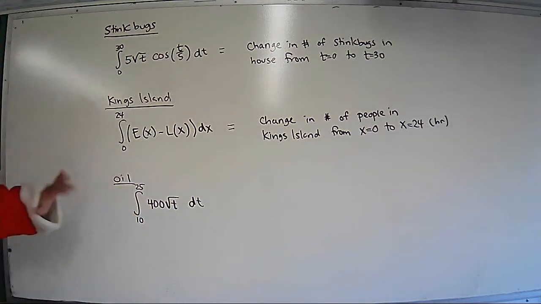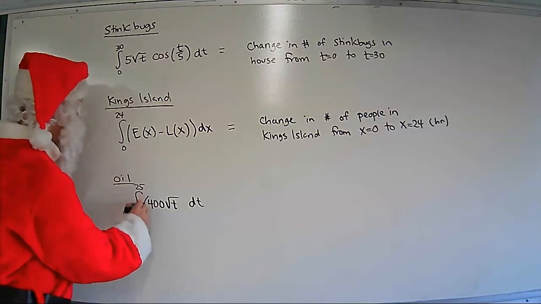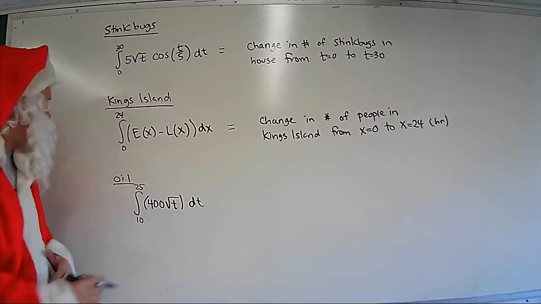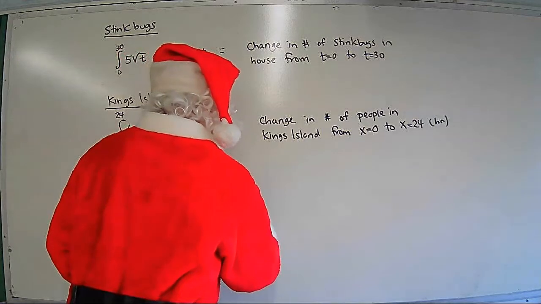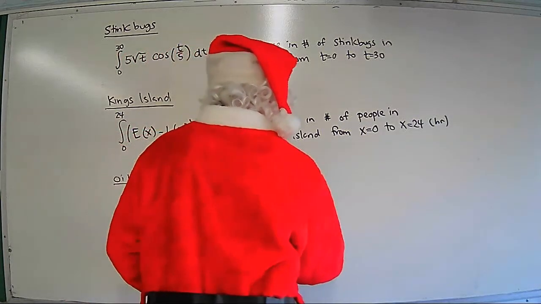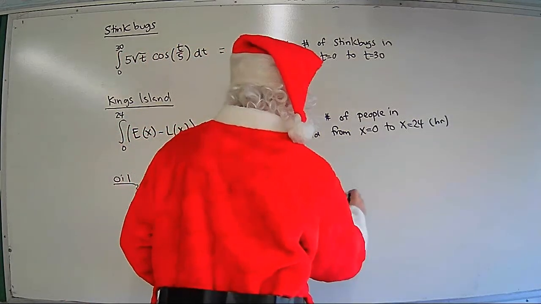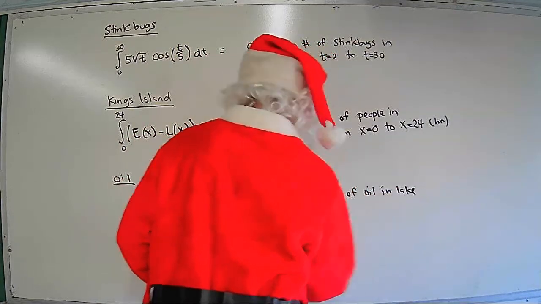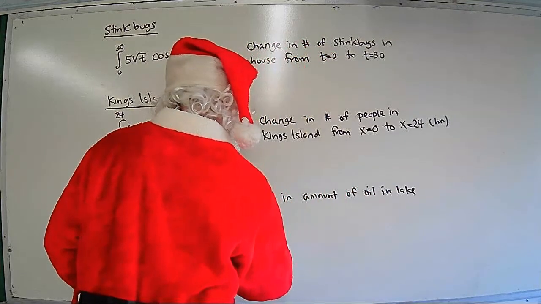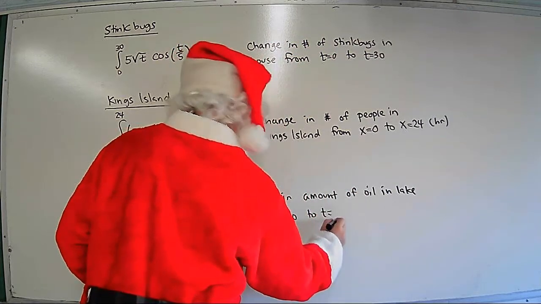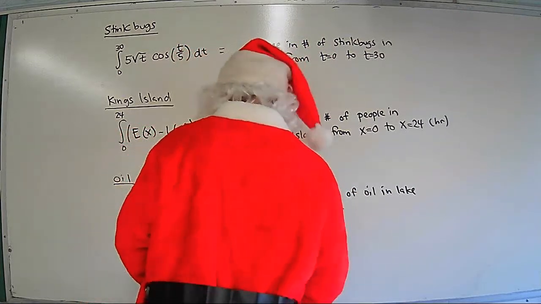Okay? This integral here, because this function is a rate of change, is going to equal the change in the amount of oil in the lake from t equals 10 to t equals 25.